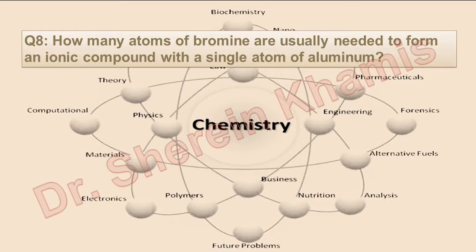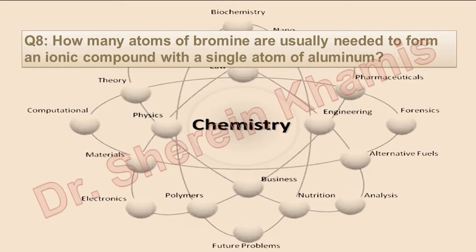So the reaction will be between aluminium and 3 bromine atoms, as aluminium loses 3 electrons.